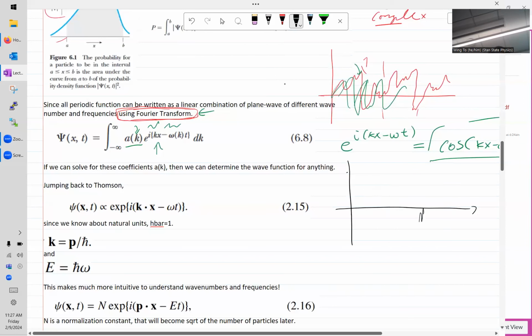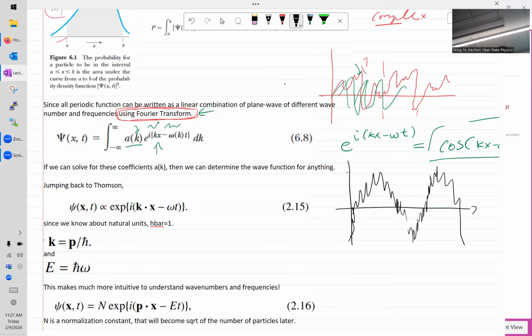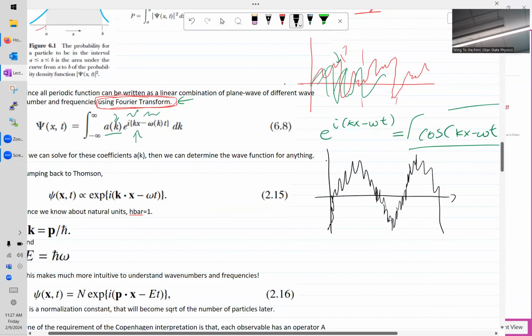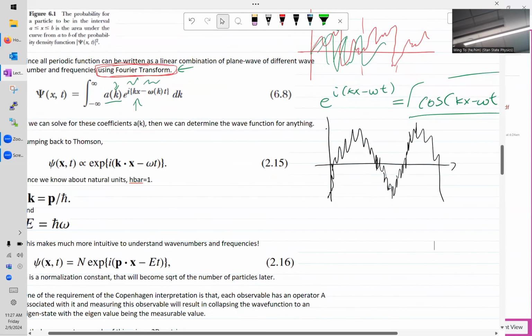So this is some periodic function. I don't know why the software decided to delete half of what I just drew. But you may recognize that there seems to be some high frequency wave going on here and some low frequency wave. What you can do is break this up into two separate functions, where I have a low frequency part.